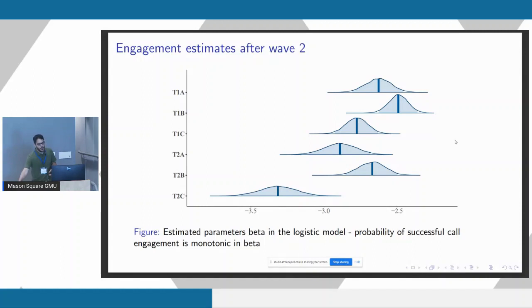In this case, we have the distribution and point estimates of the betas of the model, which are just a monotonic transformation of the probability of a successful call. The more to the right, the more successful is the call. Here we see something very interesting. That is that T1B has the highest engagement.